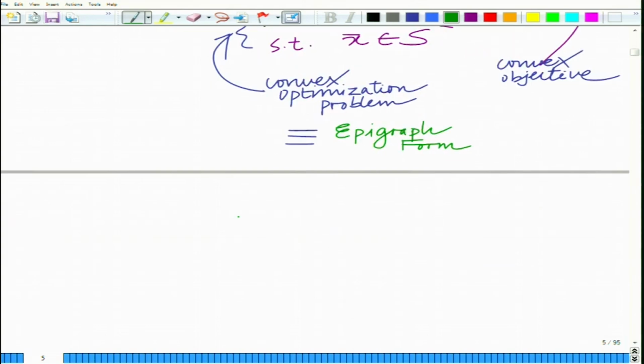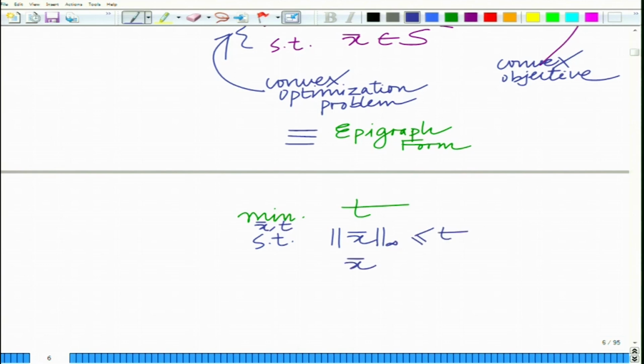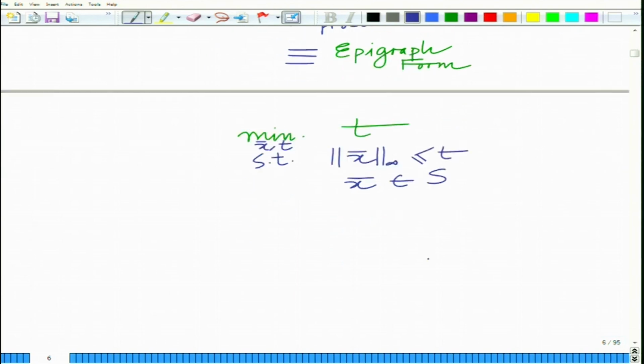I can write this as the epigraph form: minimize t, because the epigraph form is straightforward, the objective function is always t, subject to the original objective. Of course, this minimization is over x bar comma t, norm x bar infinity is less than or equal to t, and the original constraints remain, that is x bar belongs to this set S. Okay. So, this is the epigraph form.